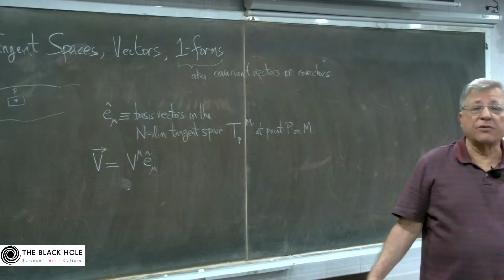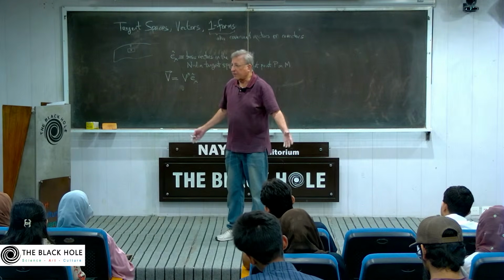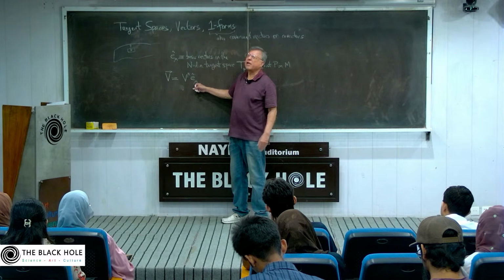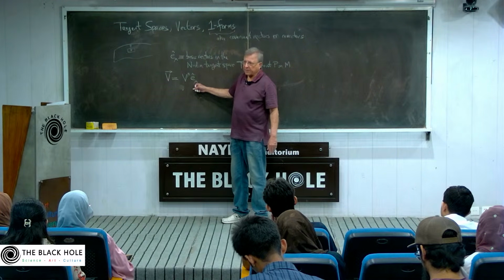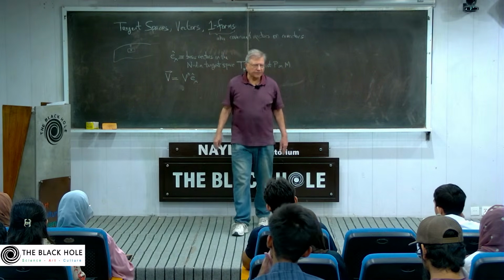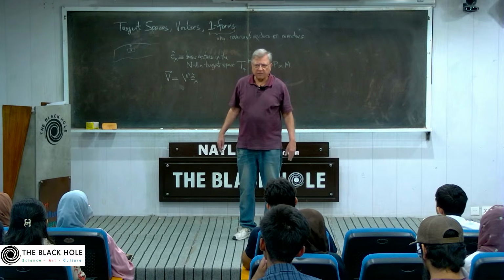Go to yet another and you will have other basis vectors. And so these are basis vectors only and only at the point P. And that means you can write any vector as this. Okay, fine, no problem.